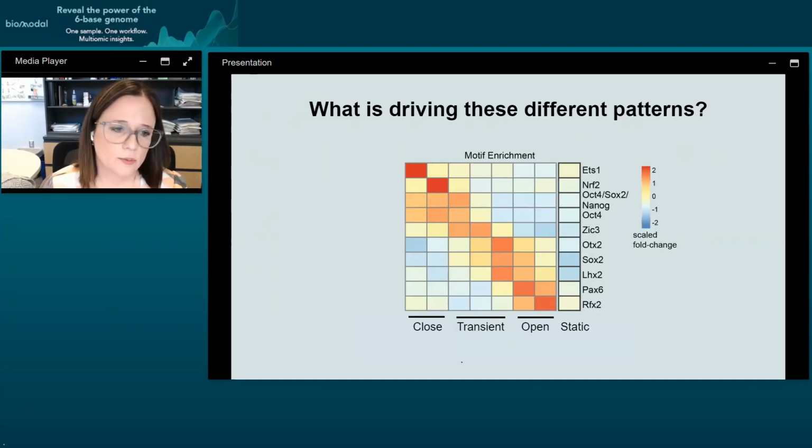So the next question we had is, what's really driving these different patterns? And I doubt it's very surprising to any of you that we looked at transcription factor dynamics in these regions. The first thing I want to point out is that, as I mentioned, when we take these different groups and we cluster them according to accessibility, each of the groups is enriched for very, very specific transcription factors over time.